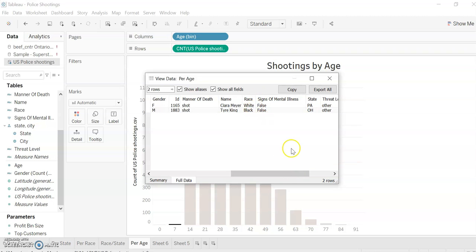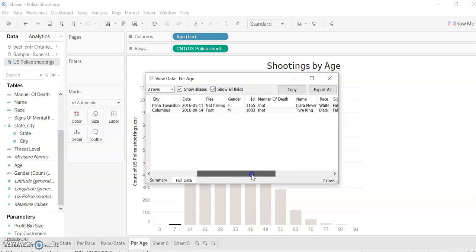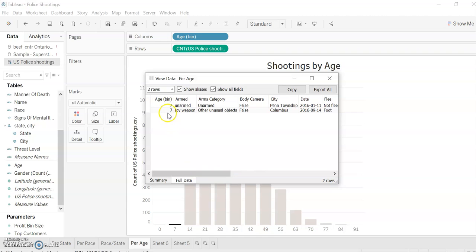1 white and 1 black were affected, and their names are here. I've not selected their names. Sarah Mayer and Tyra Kings were part of those affected. And if you look at their age, they are 7 years, both of them. Oh, that's the age being, sorry.